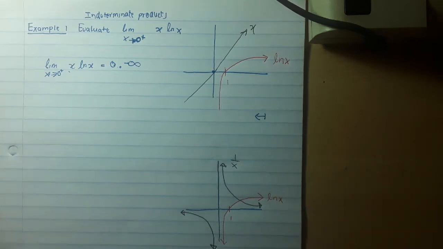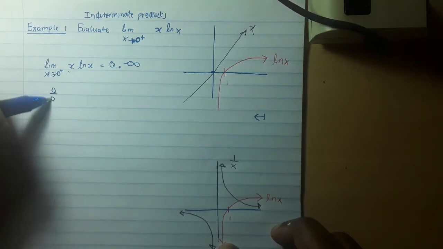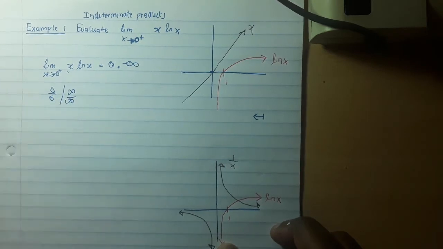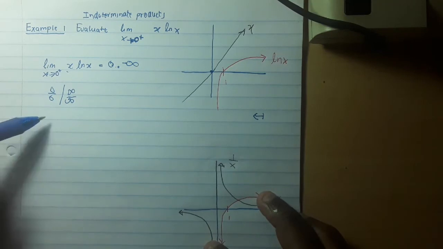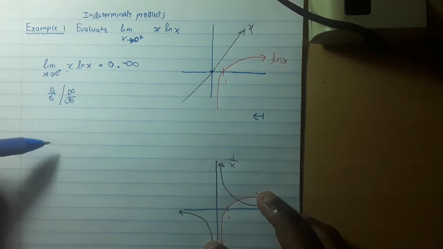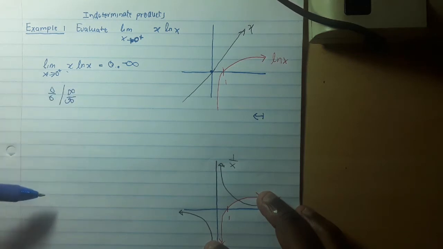So what we need to do is try and convert this into a 0 over 0 or infinity over infinity case. If we have this case, we know that we should be able thereafter to apply L'Hopital's rule, because L'Hopital's rule requires that we have such cases.